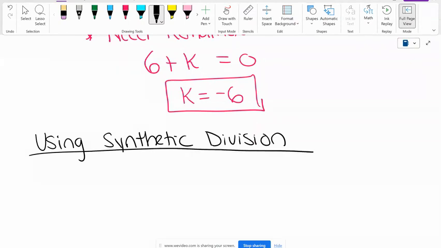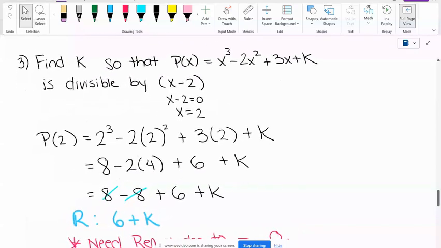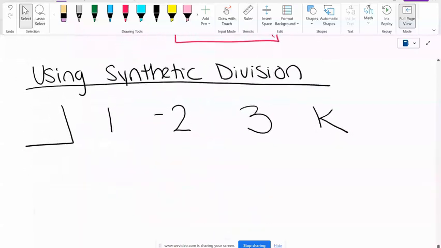So doing the same problem using synthetic division, we have a 1, a -2, a 3, and k. What number am I putting in the box? 2, exactly. Remember, there was the problem. We're going to put 2 in the box.